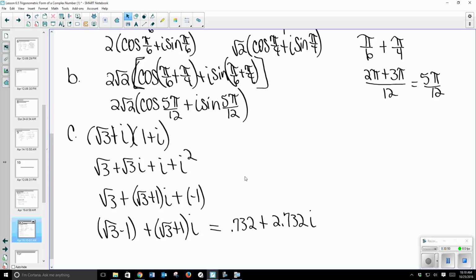Cosine of, gotta put it in radian mode. 0.732. So I'm multiplying 2 root 2 times cosine 5 pi over 12. I get 0.732, and I'm going to multiply that times sine. And they match.